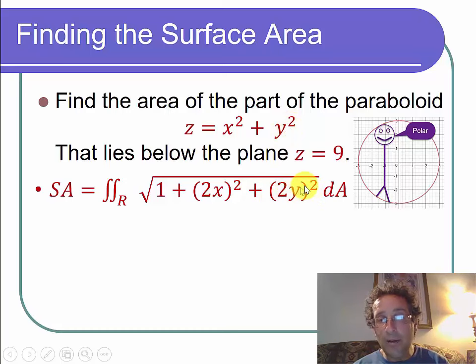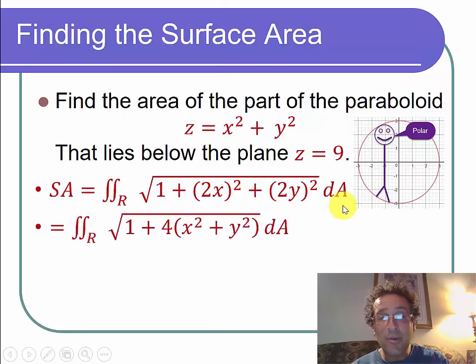We get 2y quantity squared dA. We can simplify that a little bit and say that 2x squared is just 4x squared, and 2y quantity squared is 4y squared. We could pull out that 4, and we could say this is the double integral over the region of the square root of 1 plus 4 times parentheses x squared plus y squared dA.